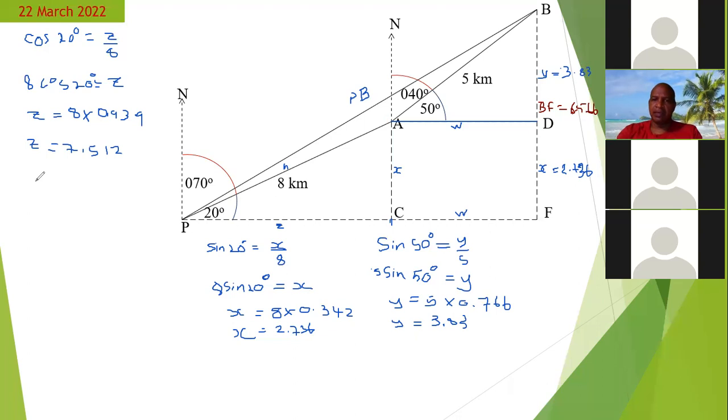What are the sides? You know some sides, and you are to find W. What can you do? Bearing in mind, this hypotenuse is 5 kilometers. Yes, sir. This side, which is BD, is 3.83 kilometers.